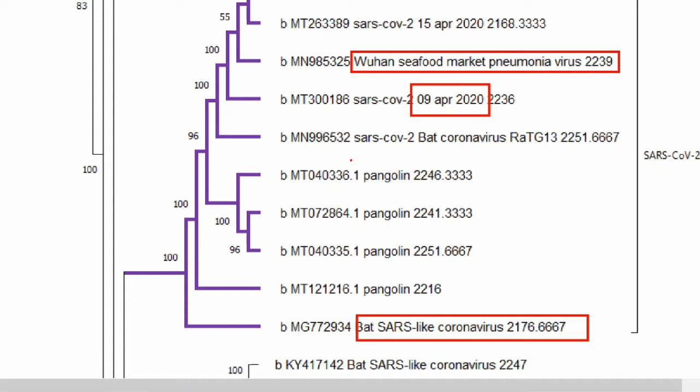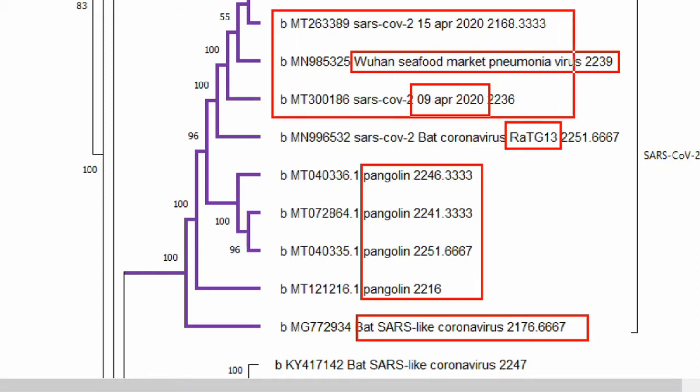Then we have pangolins. So here is the group of pangolins. You see how high the alignment score is, so of all of these pangolins. So really the pangolins are closely related. But, and this is the most interesting, the famous bat RaTG13 is grouped together with the human coronaviruses. And this is no surprise because it's 98% identical to the human coronaviruses, but that one's from the bats.